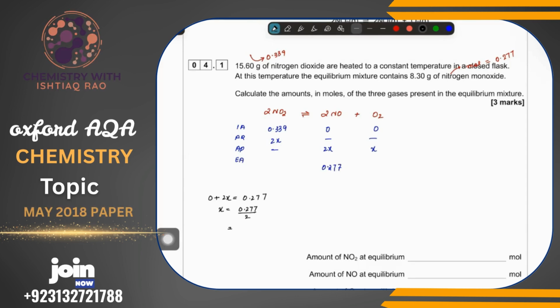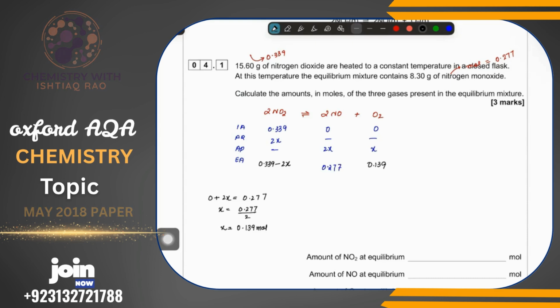0.1385, so 0.139. Yeah, this is the value for x. I'm going to put x over there, and x would be the same over there.